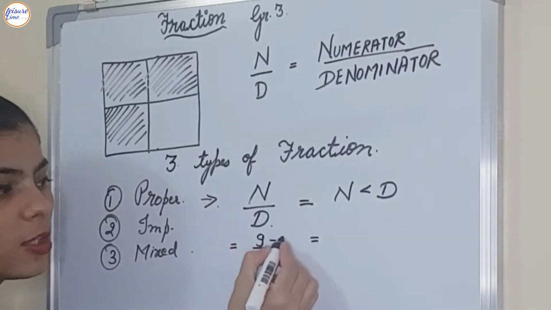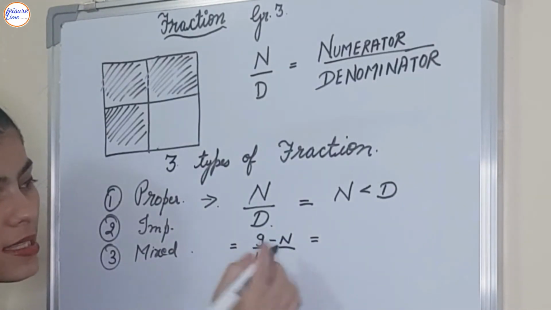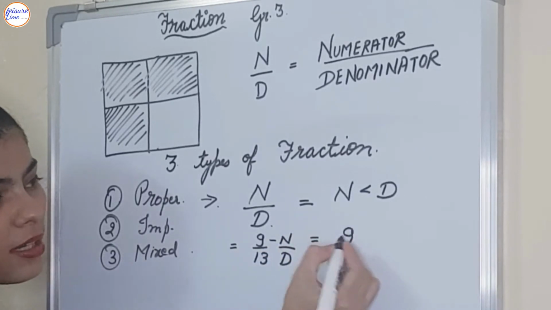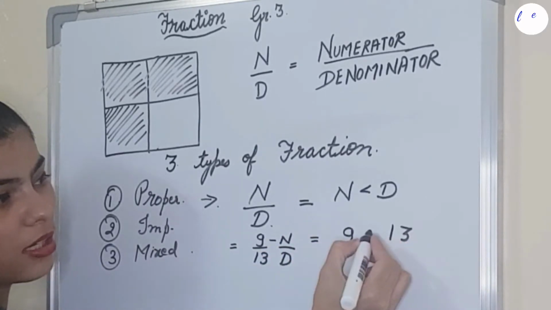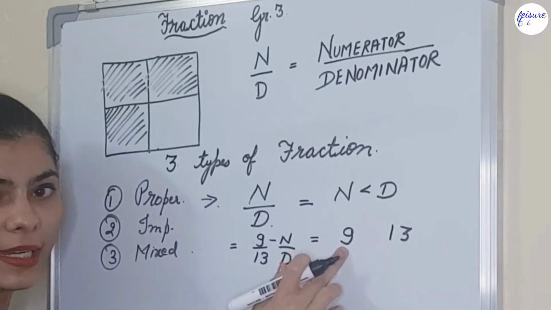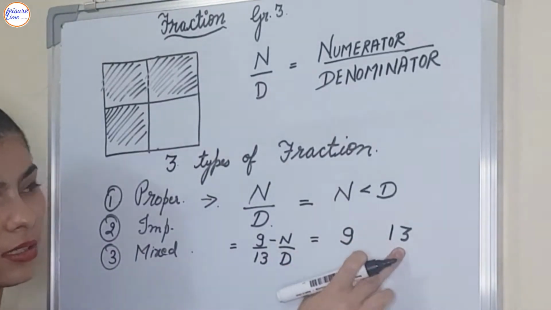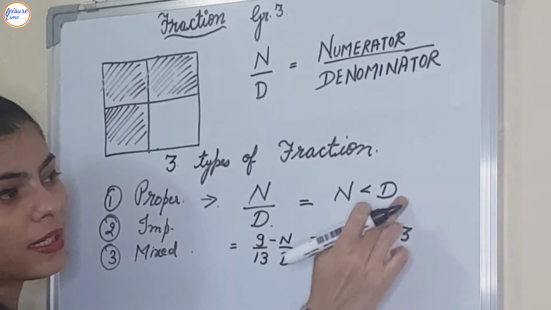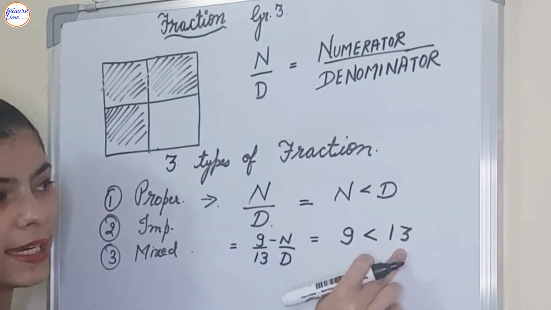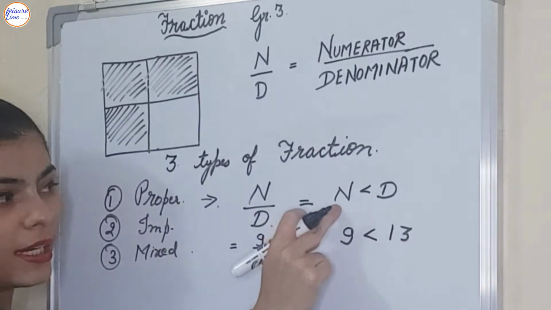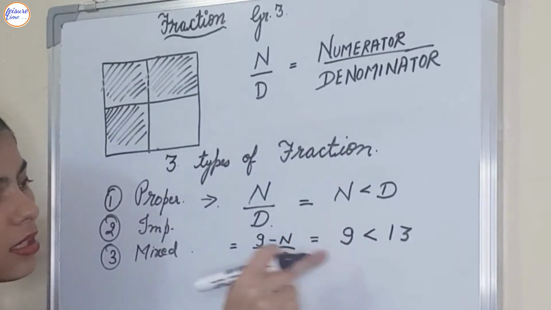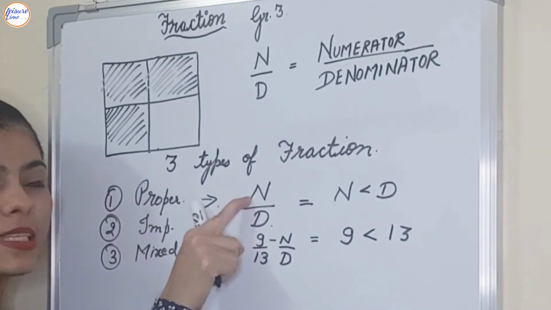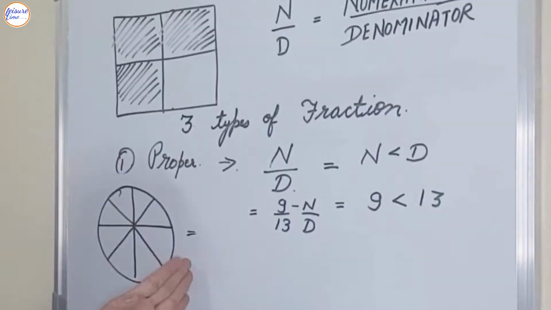So 9 is the numerator and 13 is the denominator. So 9 here and 13 here. So which number is greater, 9 or 13? Of course 13. So which means the denominator is greater. So 9 is the numerator. So it is clear that 9, the numerator, is less than denominator.